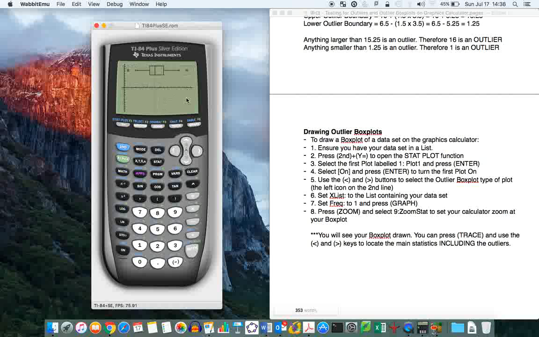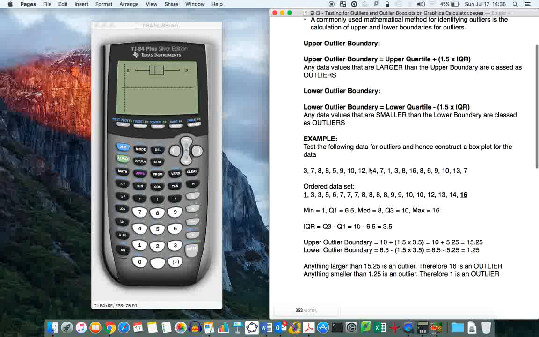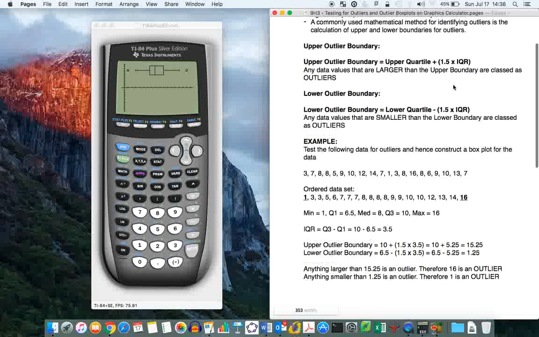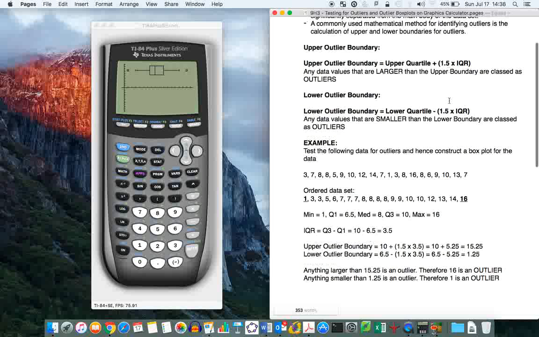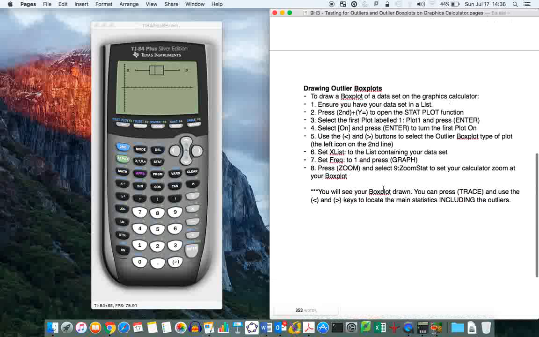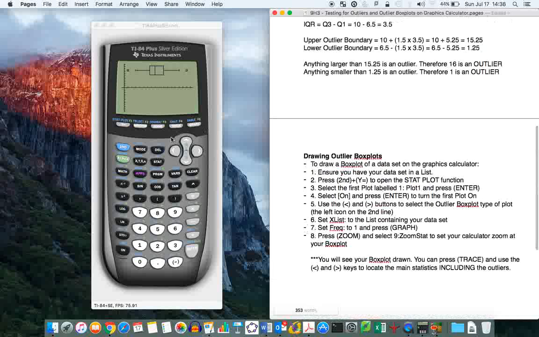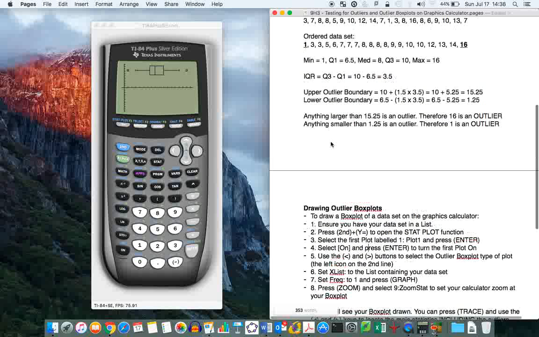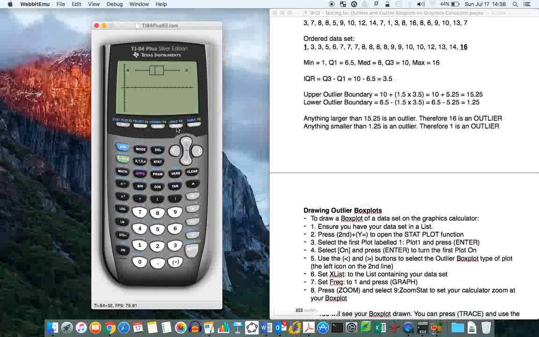And there you go. The calculator has used the same formula for outlier boundaries as us. It's the 1.5 times the interquartile range above and below. And it's identified 2 outliers, and hopefully they are 1 and 16 like we said. So if you press trace, scroll over to there, yes. That outlier dot indicates 1.